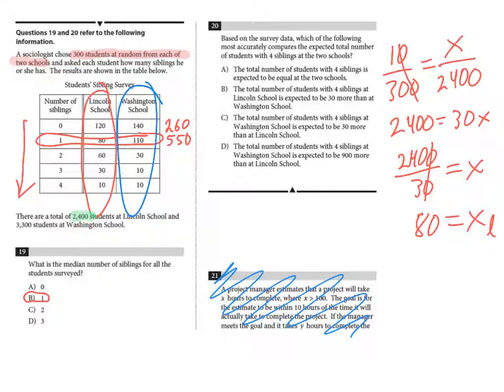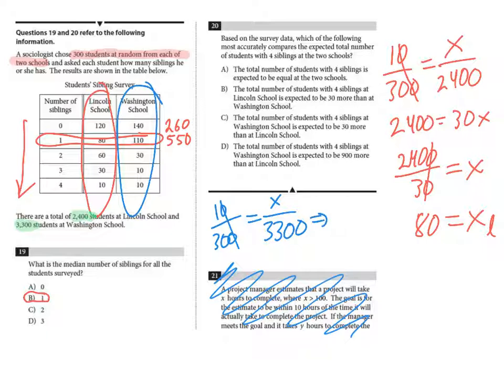Now let's look at Washington. Well, there are 10 students out of 300 that had 4 siblings. We need to look at the total number of students at Washington, which was 3,300. Cancel those zeros.